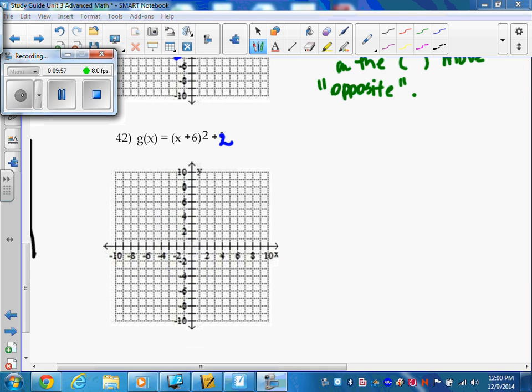Okay, 42. Again, I'm going to start with this parent graph. 0, 0, 1, 1, because it's a squared function, 2, 4, 3, 9. And then the reflection over the y-axis of that is going to look like this.